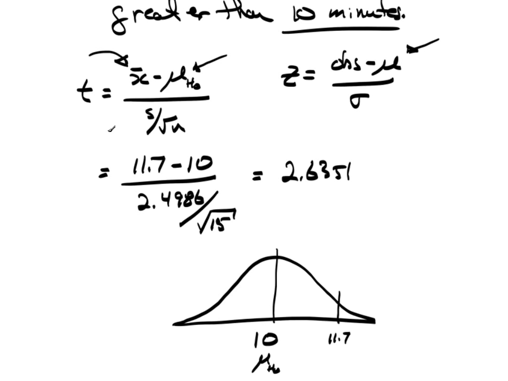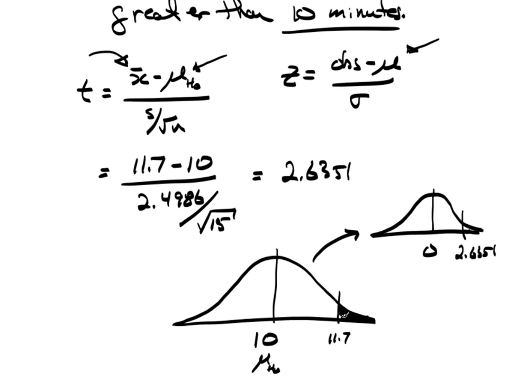This converts this to a t. In which case, when it converts it, the distribution will look like this. 0, and up here is 2.6351. And what's happening is the area under the tail, this right tail, above 11.7 is equivalent to the area above 2.6351 was converted to a t, similar to converting it to a standard normal.